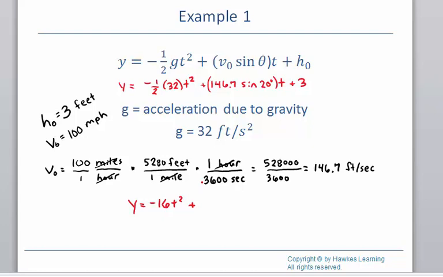I'm going to get 50.2. Again, we're going to go 1 decimal place on these, just as the book does. So 50.2 t plus 3. So now we have the parametric equation for y.